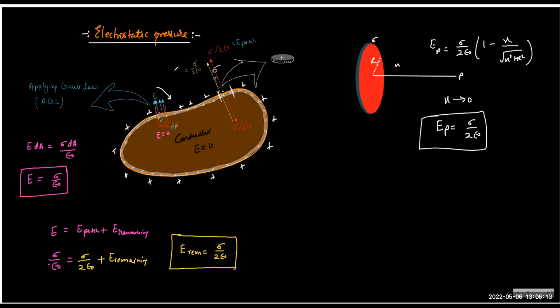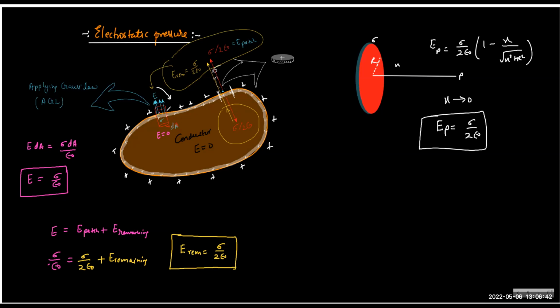The yellow one is the remaining. Understood? You can see clearly the remaining will add up on the outer side and cancel on the inner side. So these two will cancel and make the net field 0, and these two will add up to make the field equal to E. Understood?